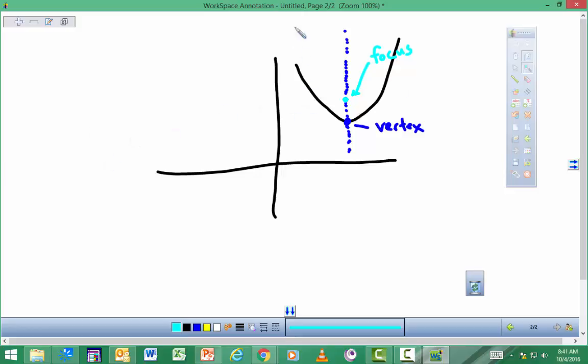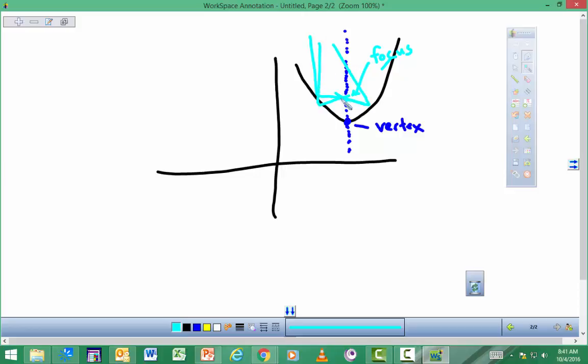Now if this were a mirror instead of a lens, let me give you an idea of what would happen. The rays that come from outer space would come in and bounce off and come through this focus point. It's quite fascinating. No matter how they come in and bounce off, they'll eventually go through the focus point.